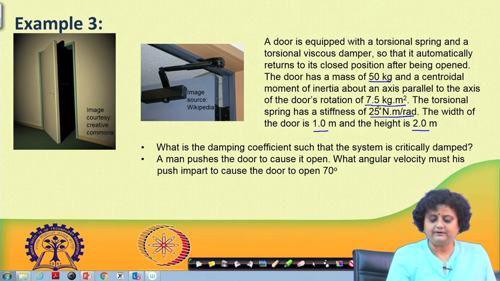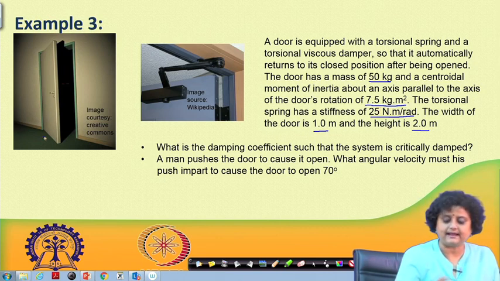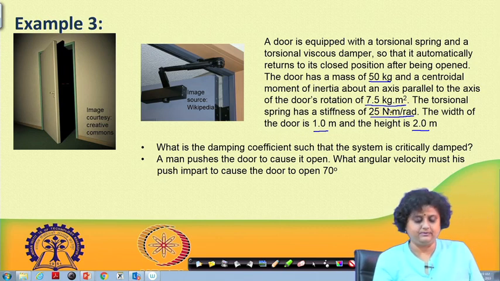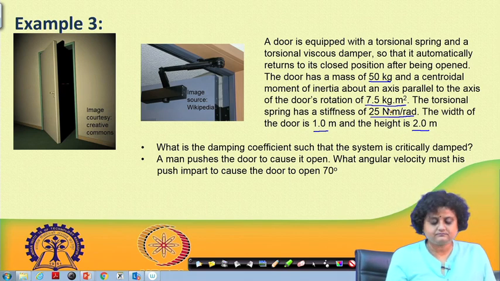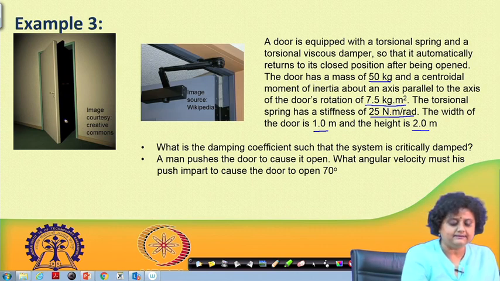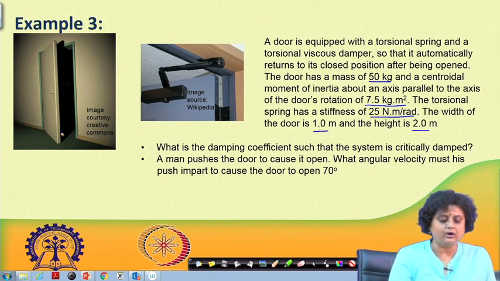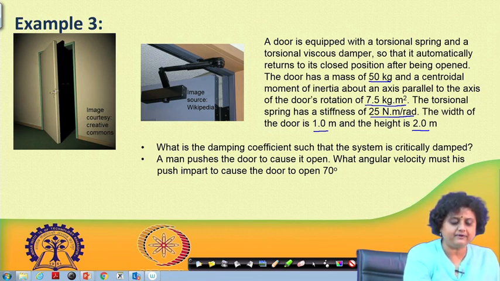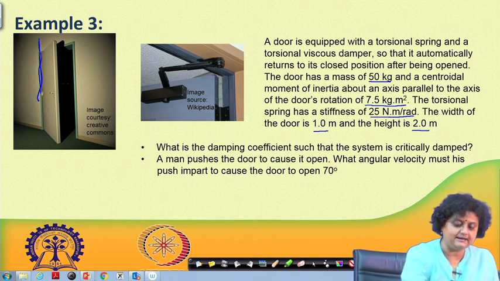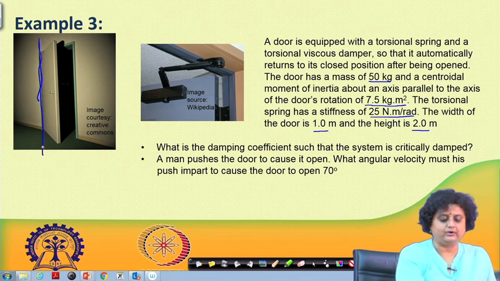The moment of inertia about the centroidal axis is 7.5 kg meter square. Whenever some excitation is given, the door will be free to rotate about the hinge, about this line.